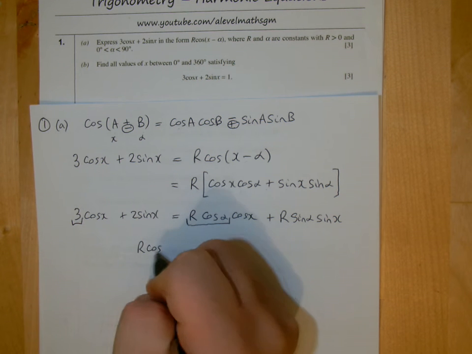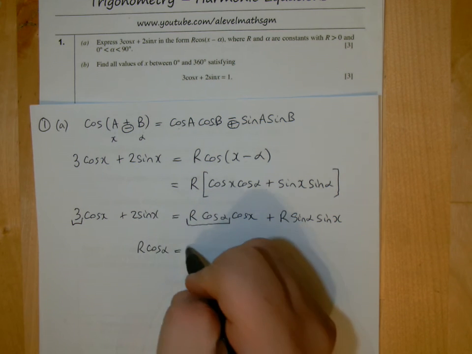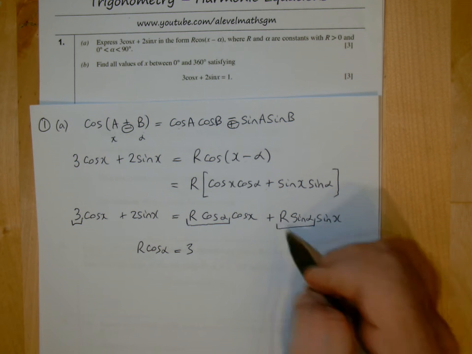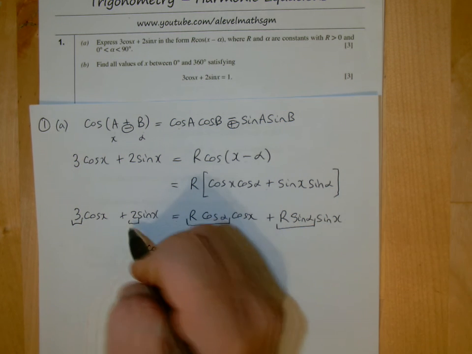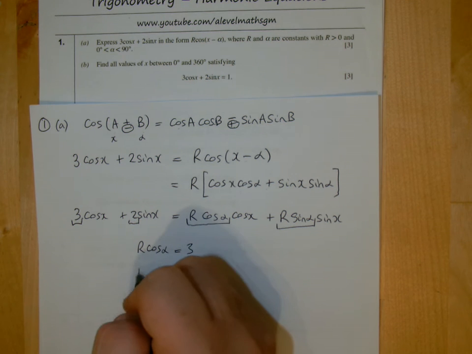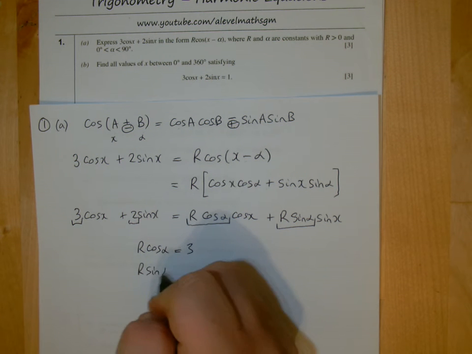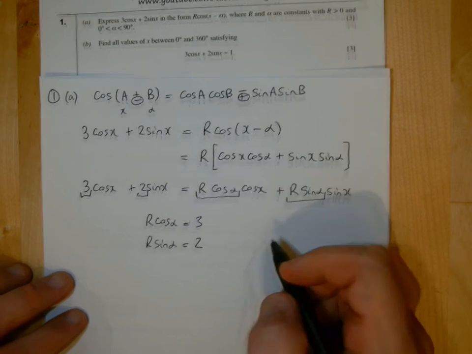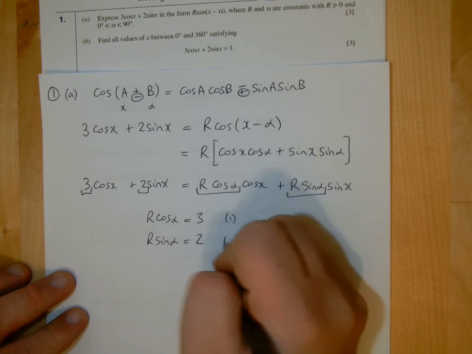So r cos alpha is equal to 3. Similarly, what's in front of the sin x here, which is r sin alpha, has got to equal 2. So r sin alpha is equal to 2. So I've got equation 1 and equation 2.